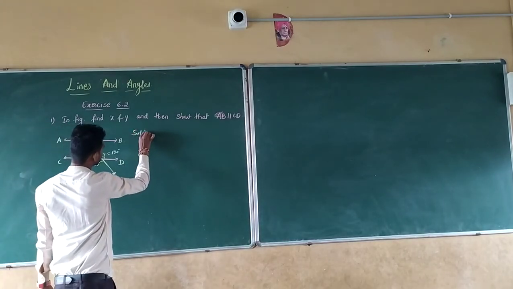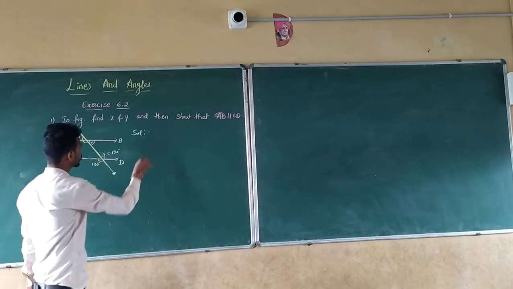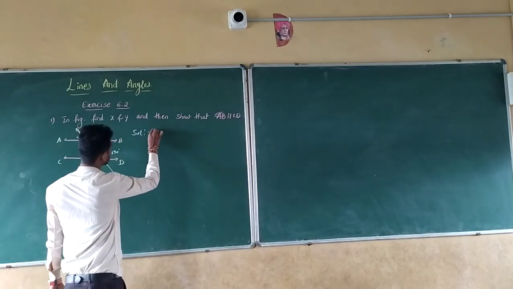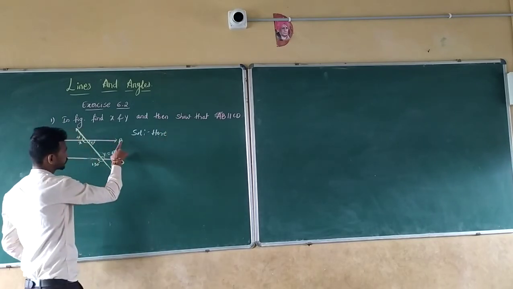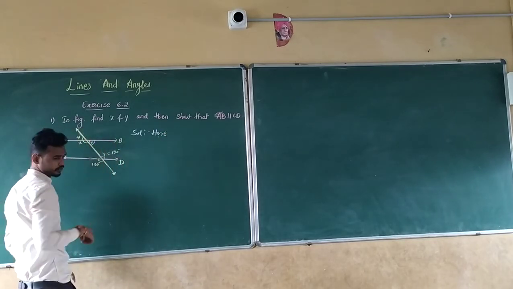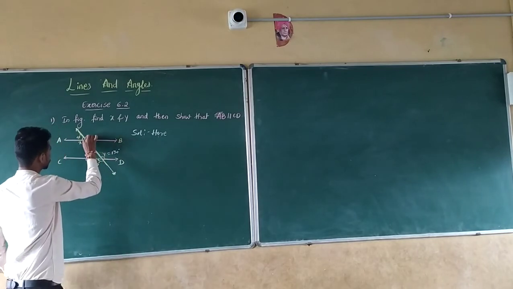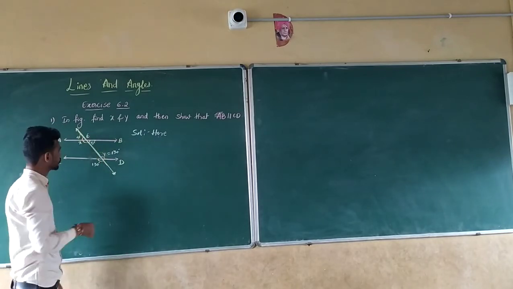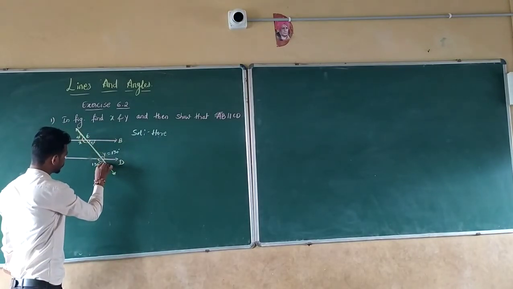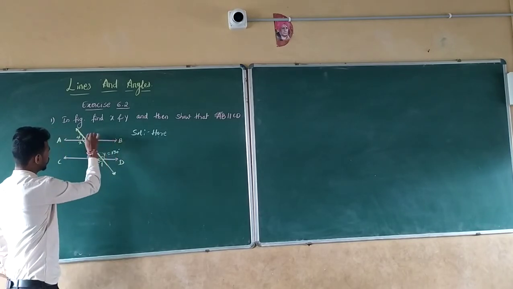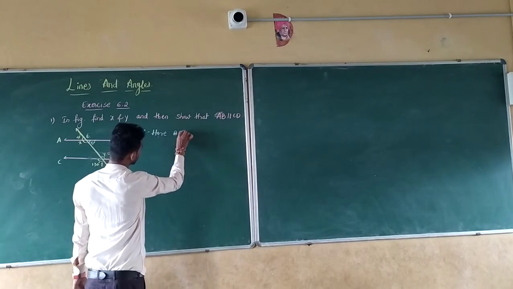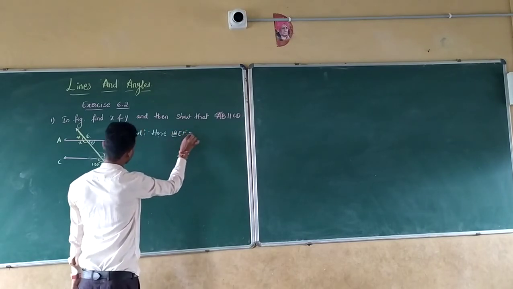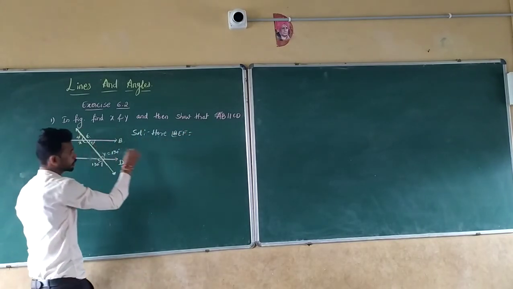Solution. So here let us take this one as E and this one as F. Angle BEF is equal to how many degrees? 50 degrees.